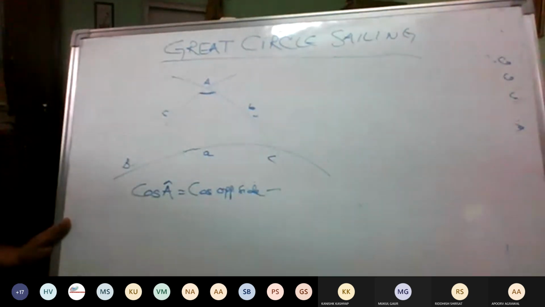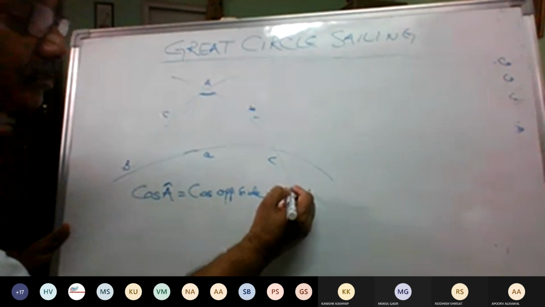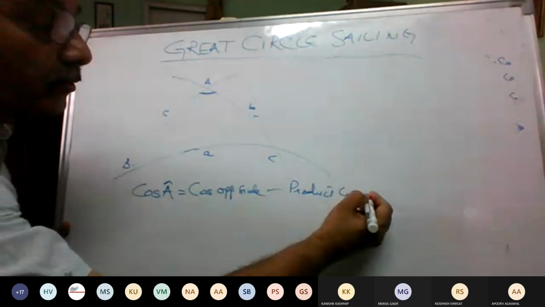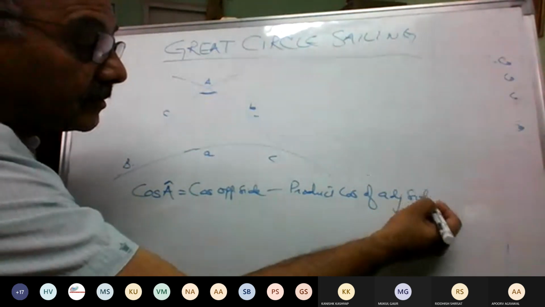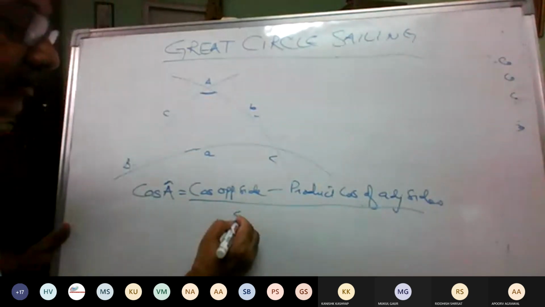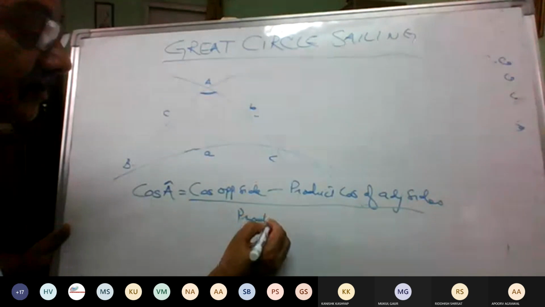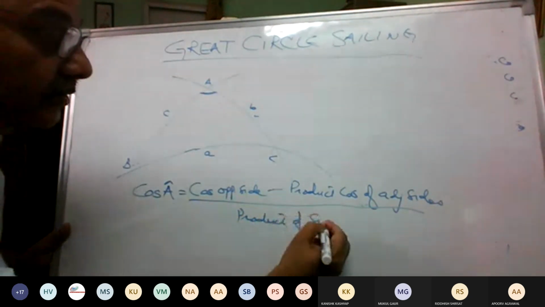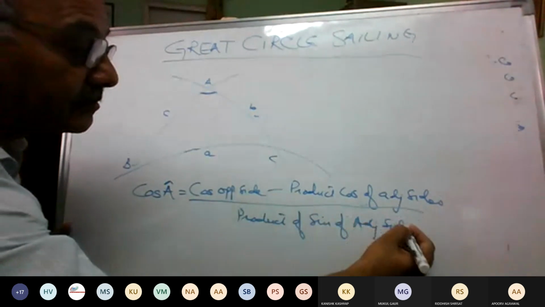minus the product of cosine of the adjacent sides, divided by the product of sine of the adjacent sides.